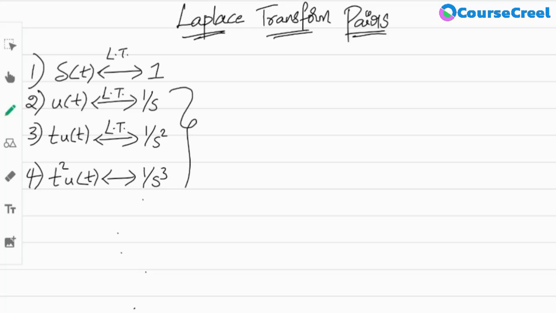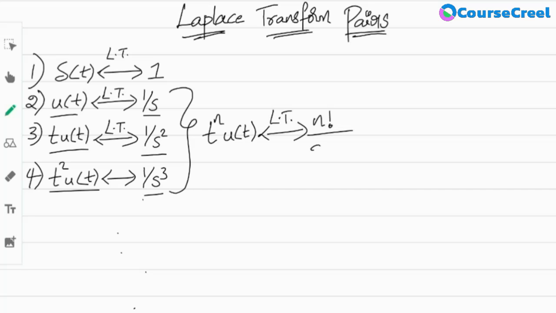If you observe these three signals: Laplace transform of u of t is 1 by s, of t into u of t is 1 by s square, and of t square into u of t is 1 by s cube. So we can generalize it as, Laplace transform of t to the power of n u of t is n factorial by s to the power of n plus 1.